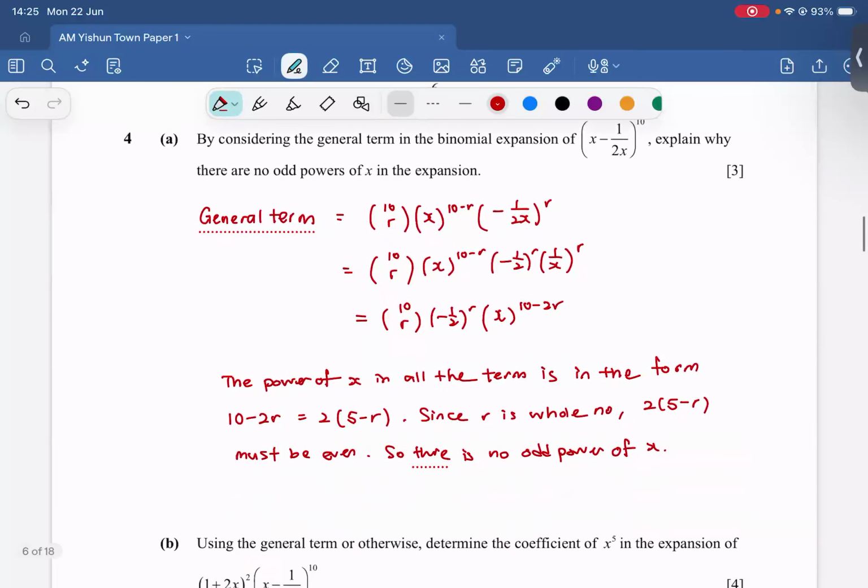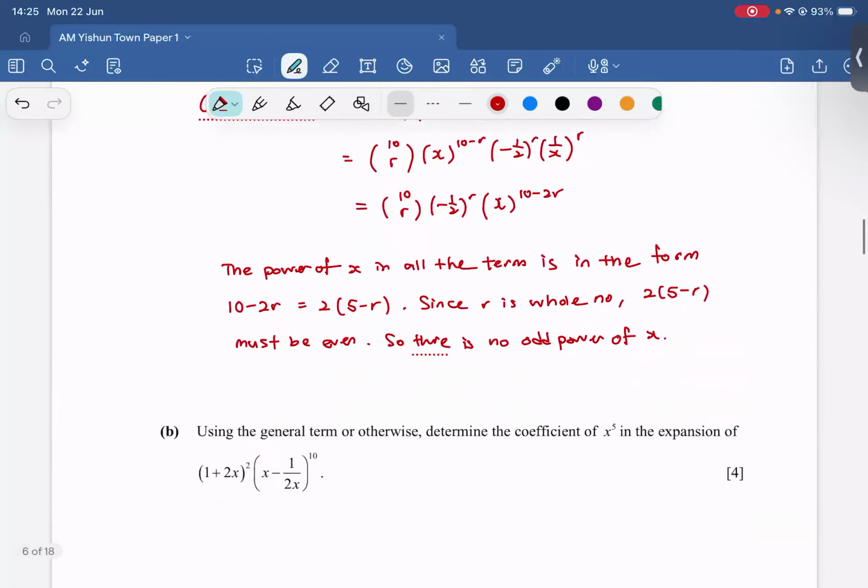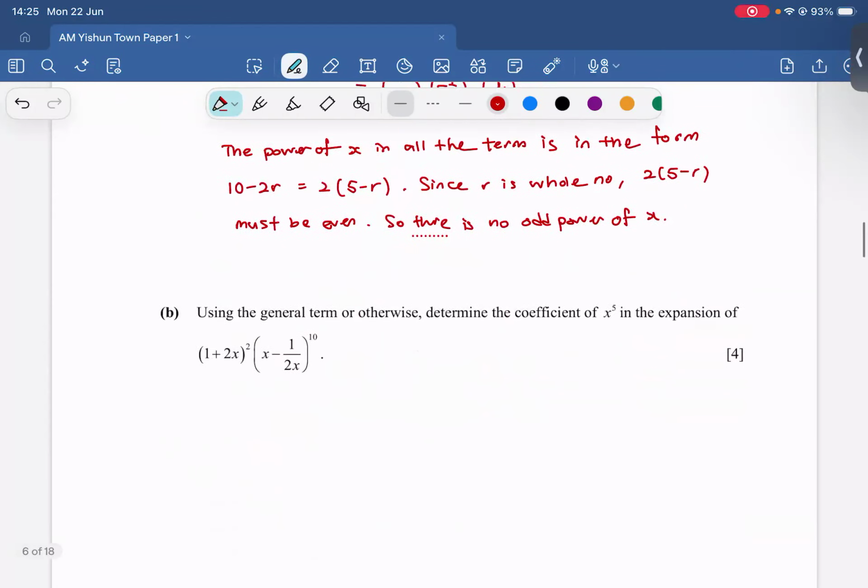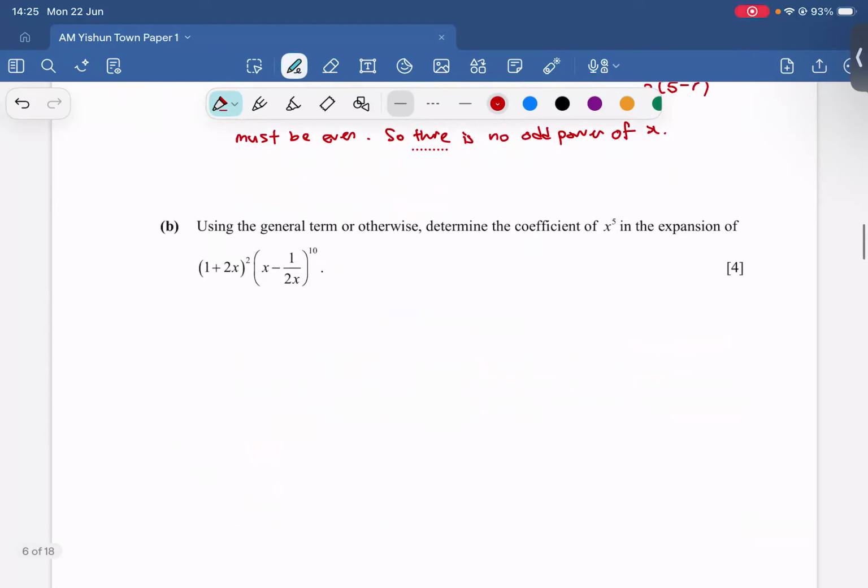Okay, next, using the general term or otherwise, determine the coefficient of x^5 in the expansion. So we need to expand this. The purpose of a general term is that it can straight away jump to the term you want.